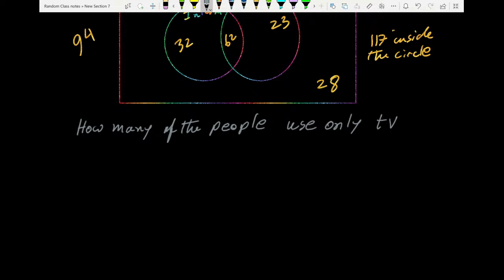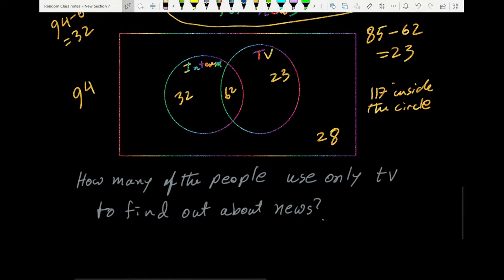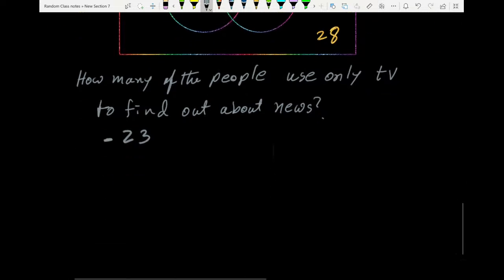How many of the people use only TV to find out about news? If you look at this Venn diagram, we want to figure out how many people use only TV. So they don't use anything else but TV. We know only this section uses only TV, and we know the number to be 23. That makes our life easier.